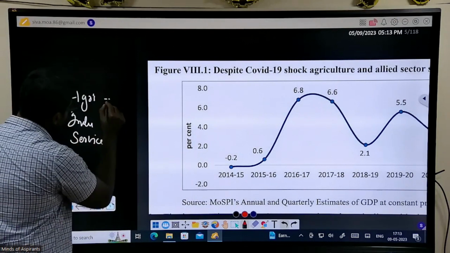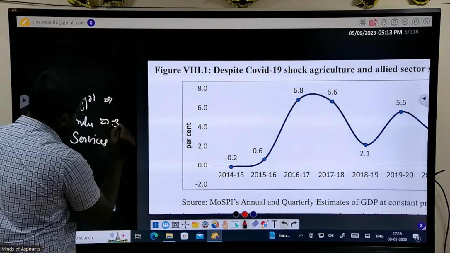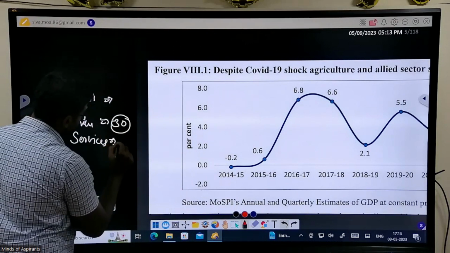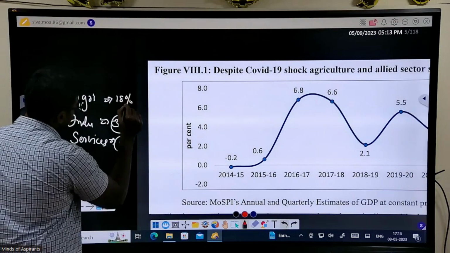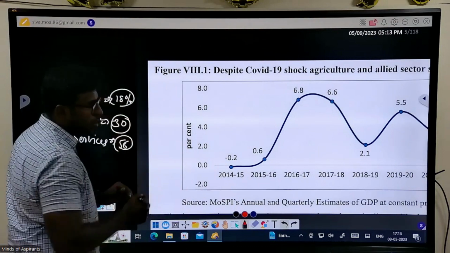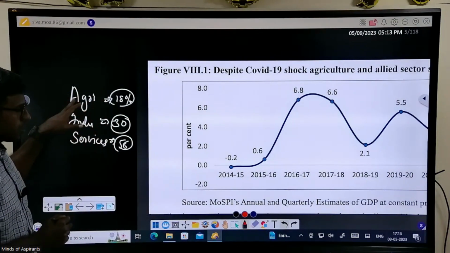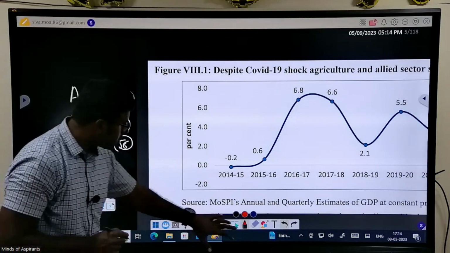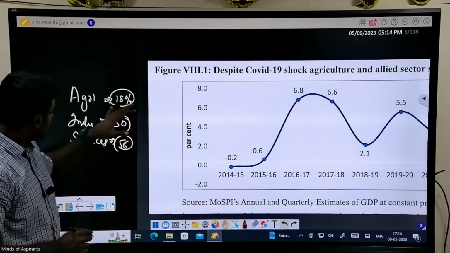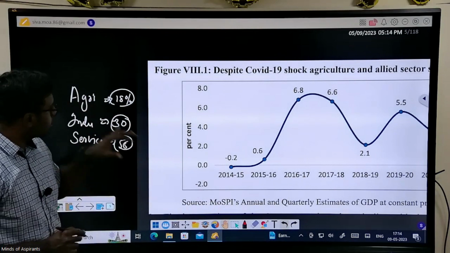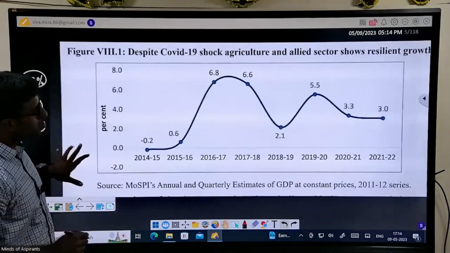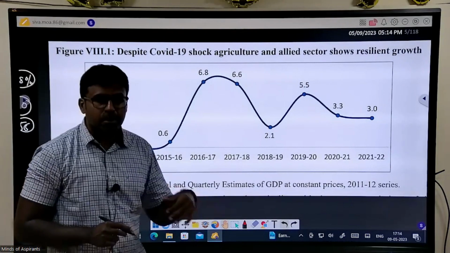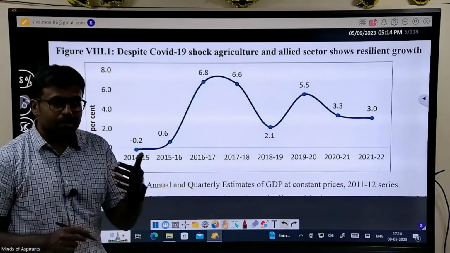Industry will be around 30, services around 55, and agriculture around 18 or so. These show how much each sector contributes to our GDP. This is very important for mains, but it is also essential for understanding preliminary examination question trends.